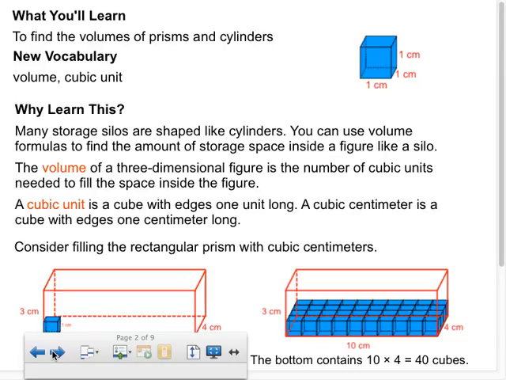You can use volume formulas to find the amount of storage space inside a figure like a silo. Do you guys know what a storage silo is? No. Have you ever seen one at a farm? You might have a big old barn, right? And then they're giant cylinders, right? And it's a grain silo. And basically what happens, if you see one up close, you might see that they have numbers on the side of the building.